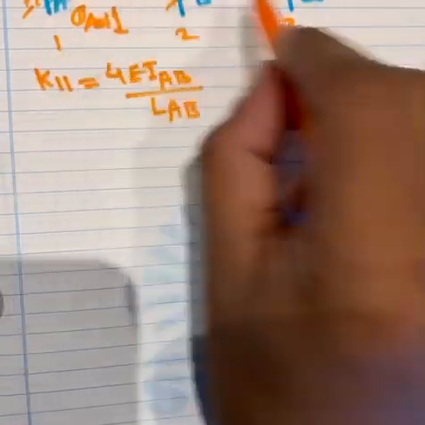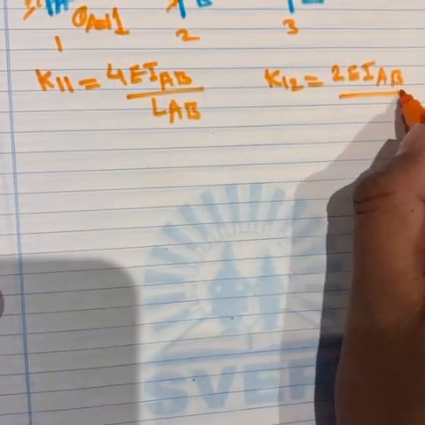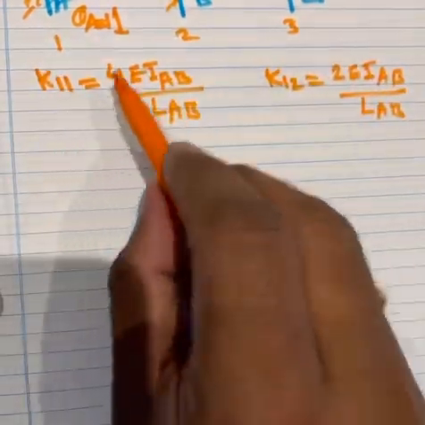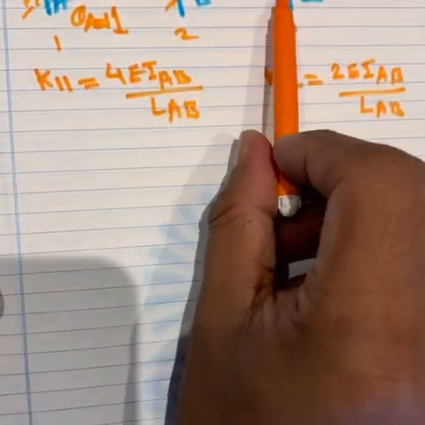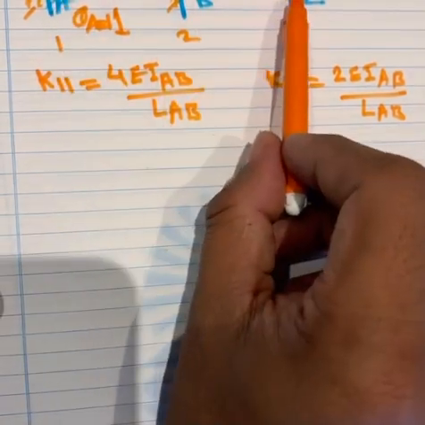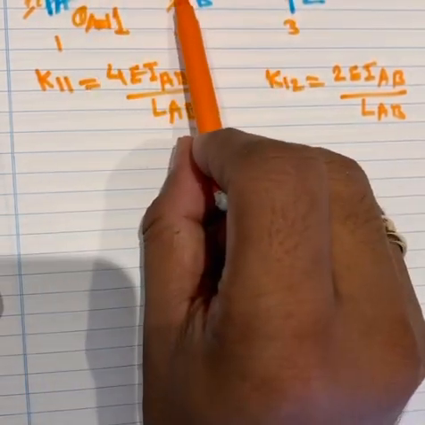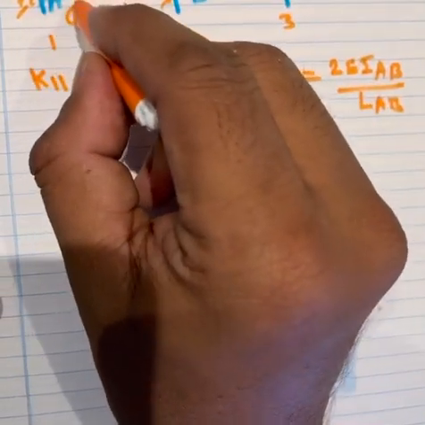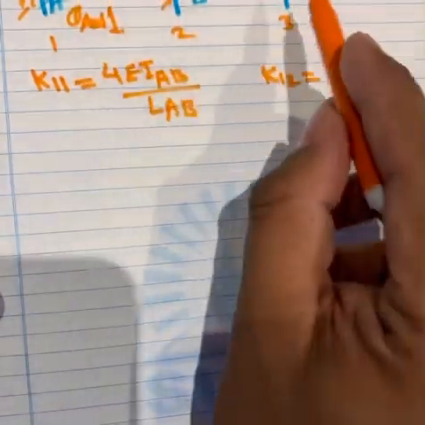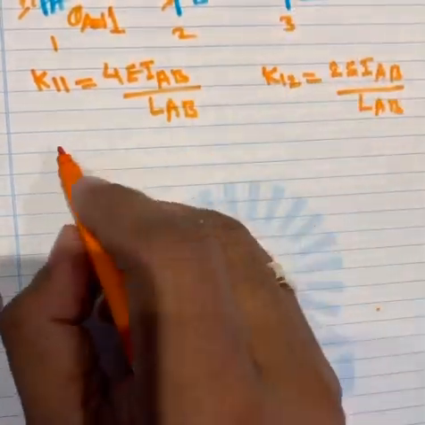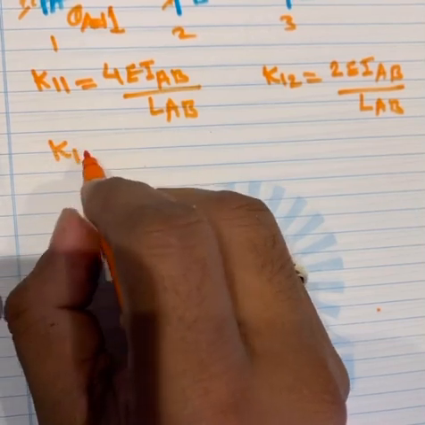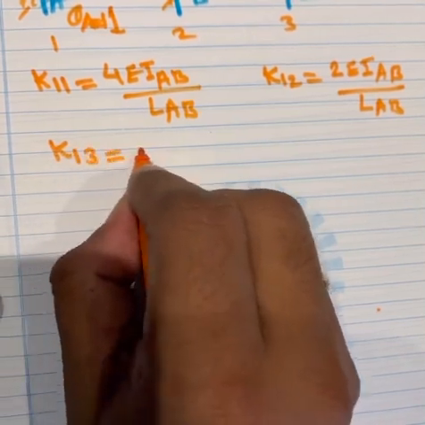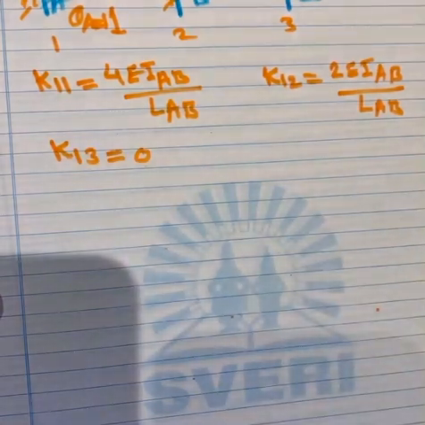But what about C? Do you see any effect of this unit rotation at C? No, because it has not passed from this point, as this end is fixed. It has not allowed the rotation at A to generate a moment at C. So K13 will become equal to 0. I hope I made it clear.